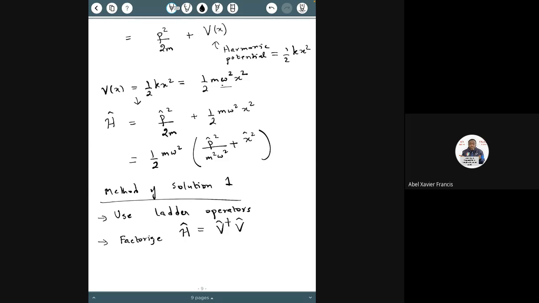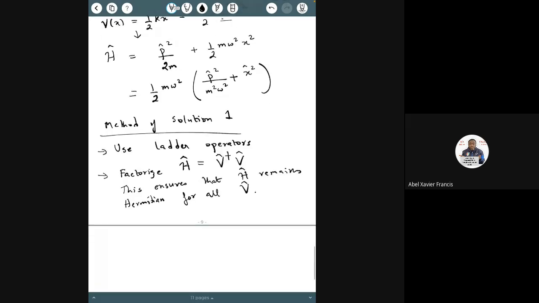Why do we want to do that? This ensures that H remains Hermitian, whatever be the value of V. So this ensures that H remains Hermitian for all V. Because if we can factorize H into V dagger V, then we don't need to check if H is Hermitian or not.